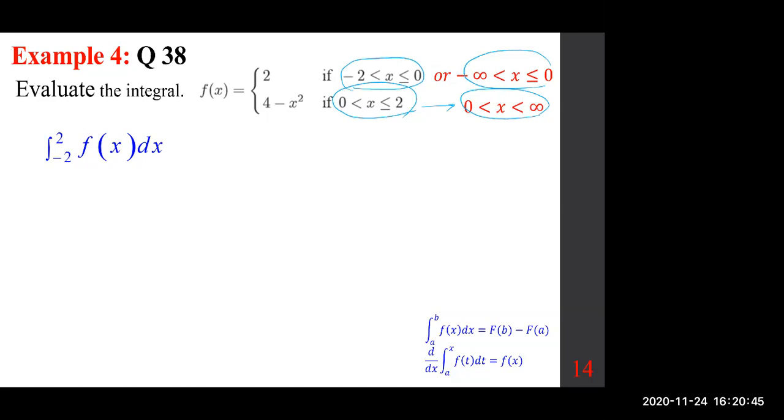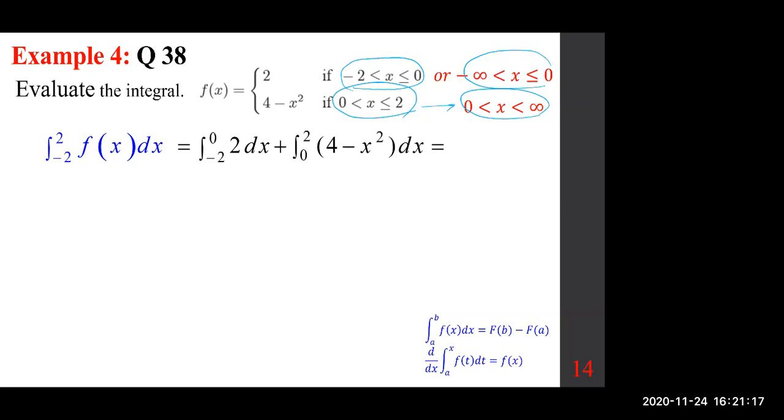So even if it were defined that way, that would be okay. So it's a piecewise defined function. We have two different pieces. So from -2 to 0, we use the top one. From 0 to 2, we use the bottom function. So that's really the only thing that distinguishes this question from other questions, and that is a piecewise defined function.